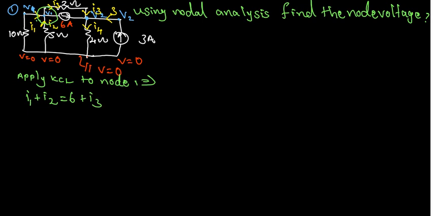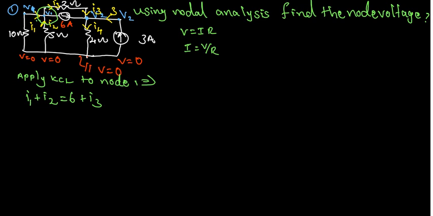For I1, we know V is equal to IR, that means I is equal to V by R. We put the voltage difference over the resistance.